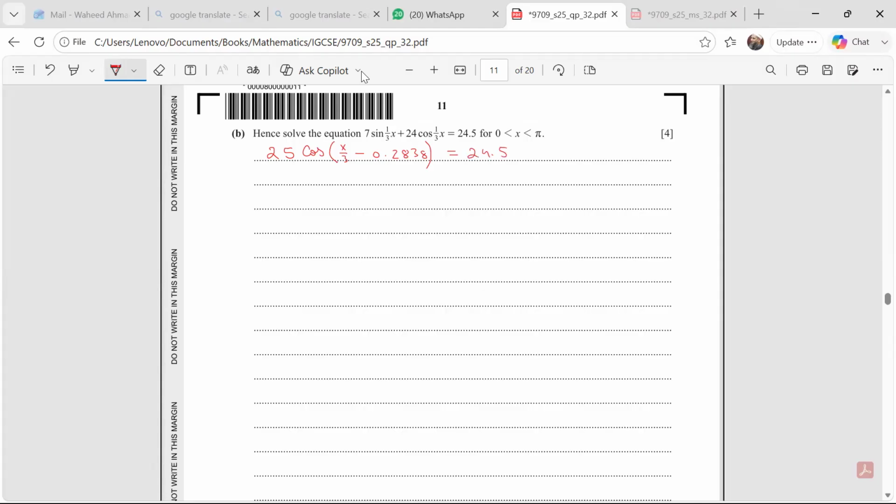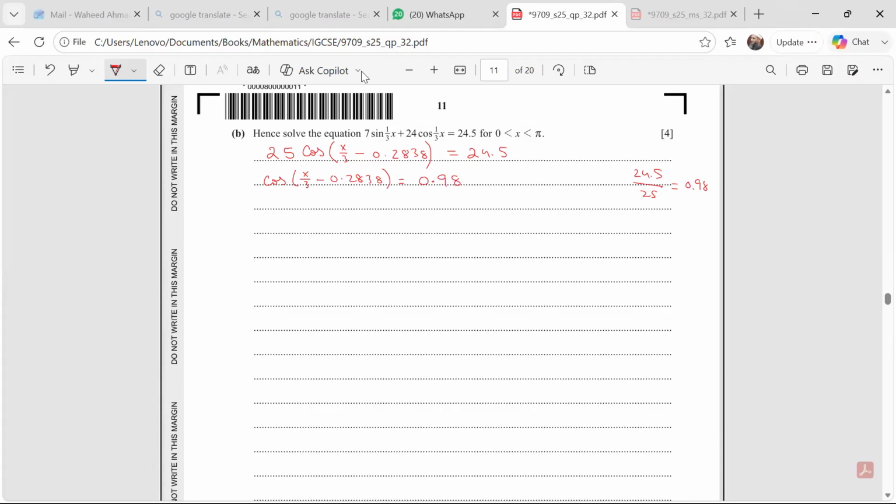Okay, if I divide everything by 25, I will have cosine x by 3 minus 0.2838 and 24.5 over 25, it is 0.98. So this is equal to 0.98.